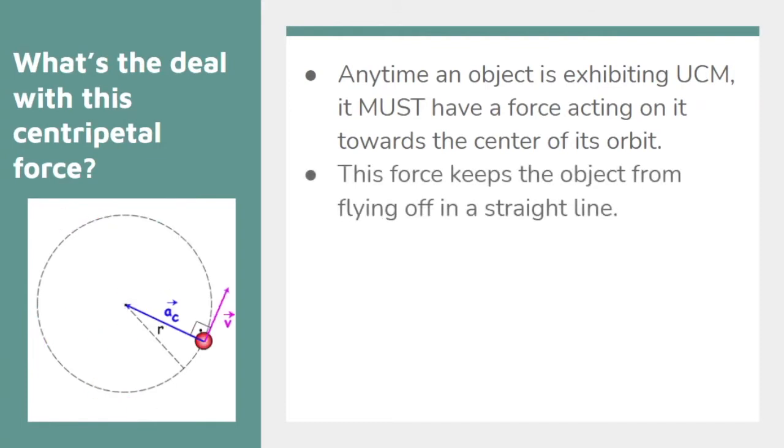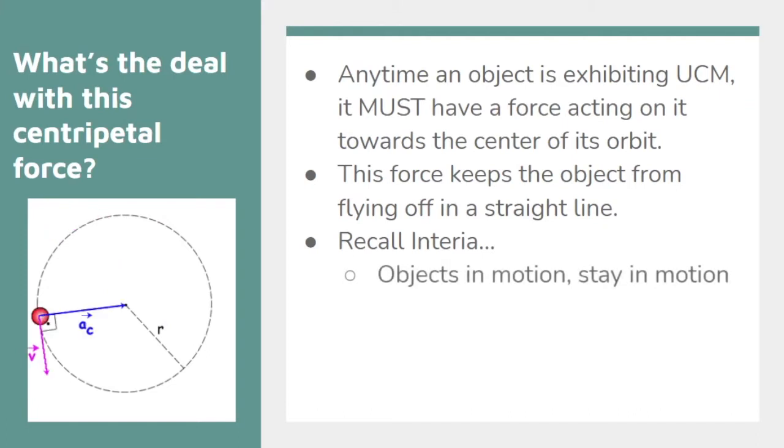And this force is what's keeping that object from flying off in a straight line. Let's think about inertia really quick. If we remember, inertia is an object's tendency to keep doing whatever it's doing. Basically, in this case, it's telling us that objects in motion will stay in motion.